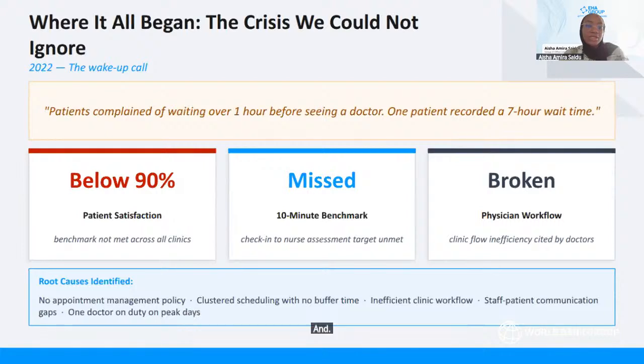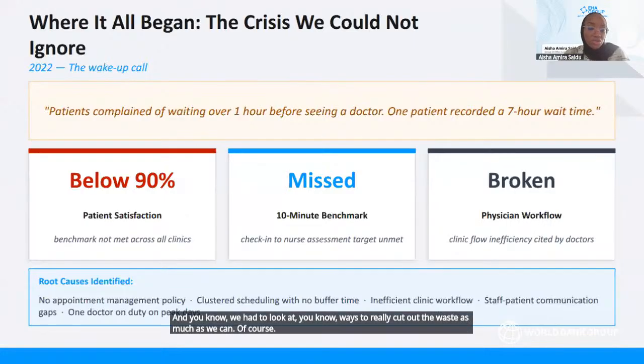And we had to look at ways to really cut out the waste as much as we can. Of course, this affected our patient satisfaction scores that we usually track on a month-by-month basis. We also missed our 10-minute benchmark, because ideally we were supposed to stay at a 10-minute benchmark for every stage.